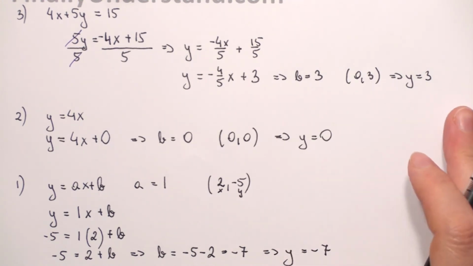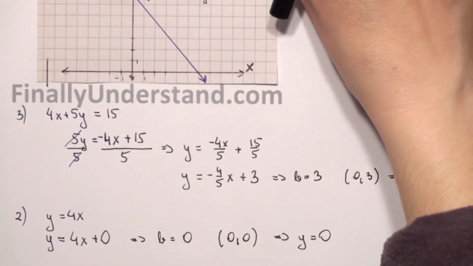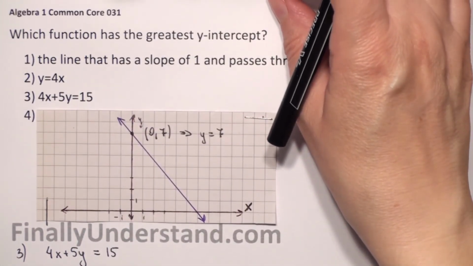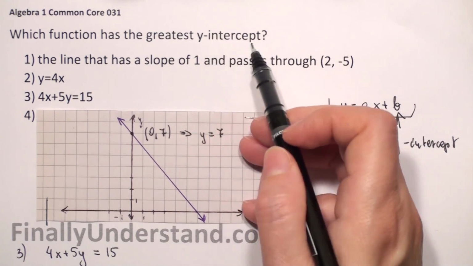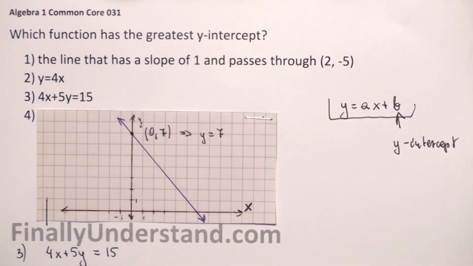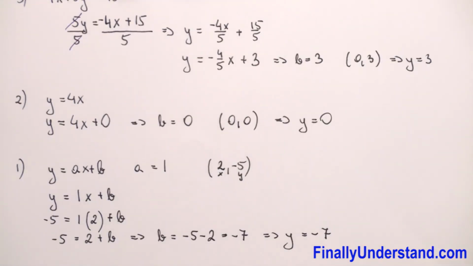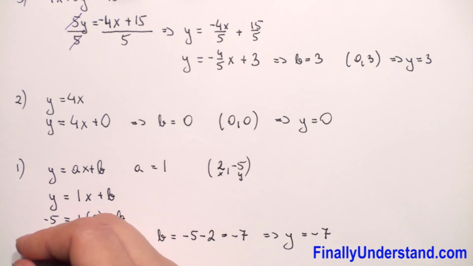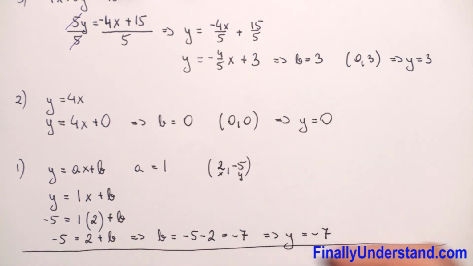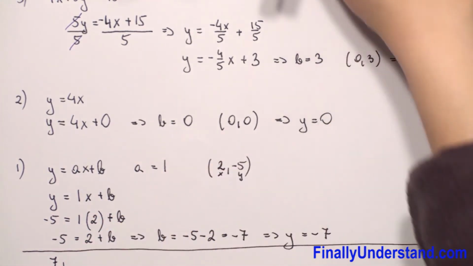So now, because we have to find the greatest y-intercept, we have to choose the greatest number. Let me write it here at the end. From the graph we got y-intercept 7.